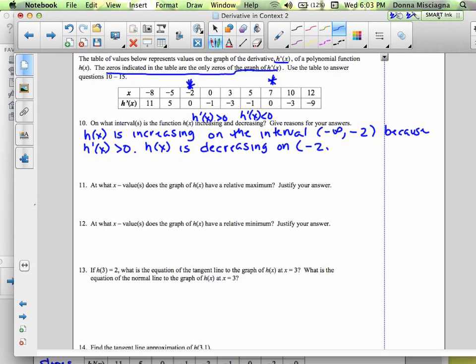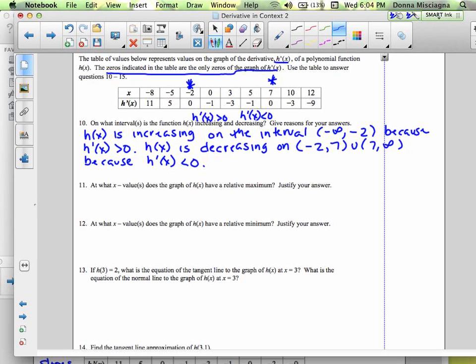We have a horizontal tangent at 7. So it's going to be decreasing on -2 to 7, and then 7 to infinity because it's going to keep on decreasing. And we know that to be true because h prime of x is less than 0. It's negative. Okay? So there's our first question.